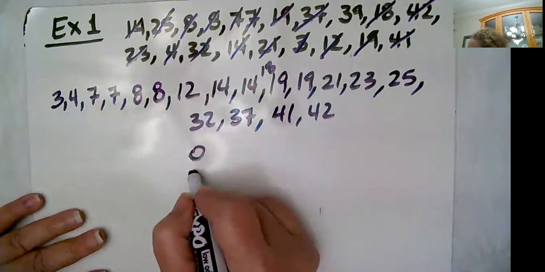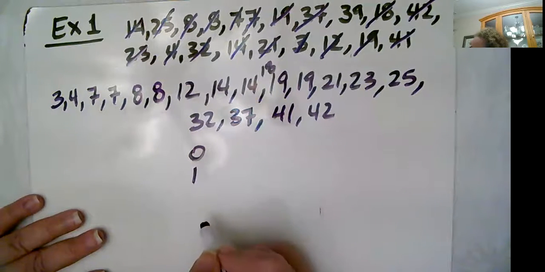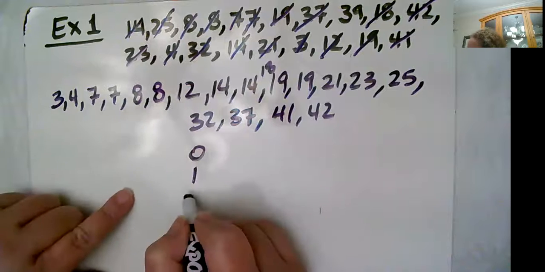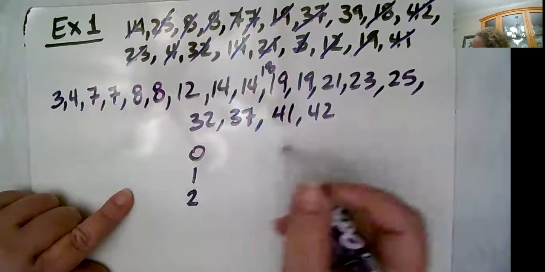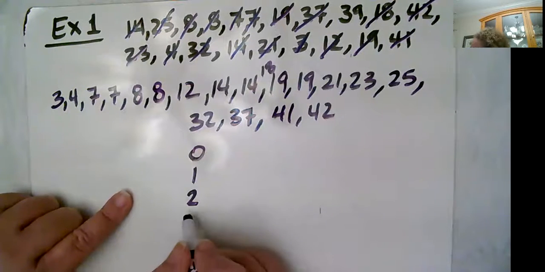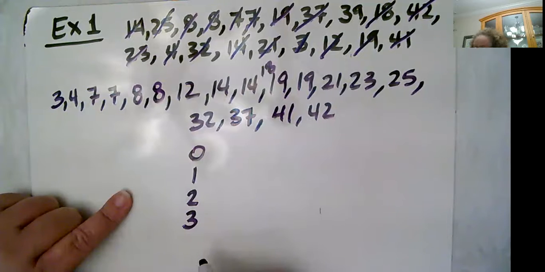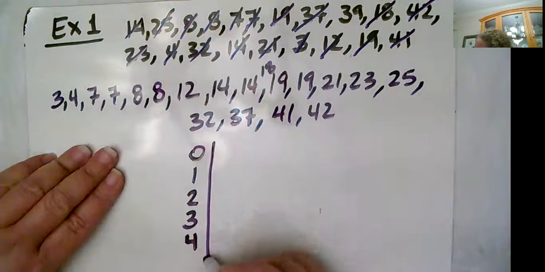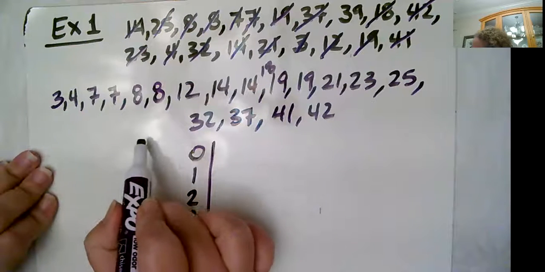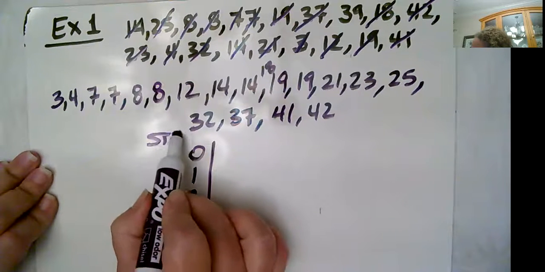Then anything that begins with the number 1, like this. Anything that begins with the number 2, like the 20s. Anything that begins with the number 3, and then anything that begins with the number 4. And then we draw a line. This is our stem, the beginning part.